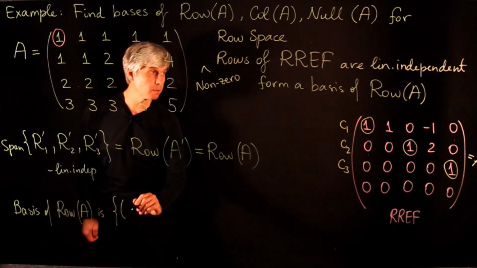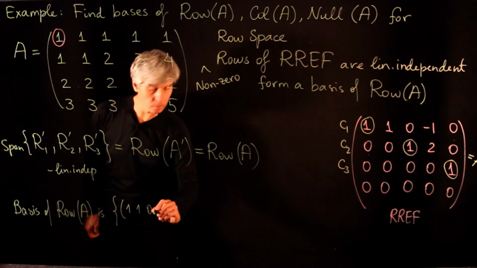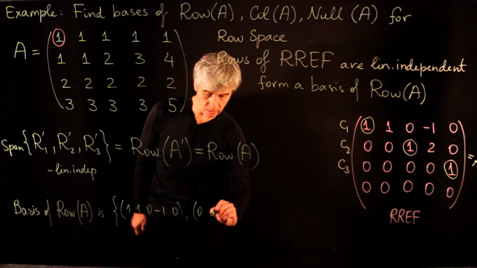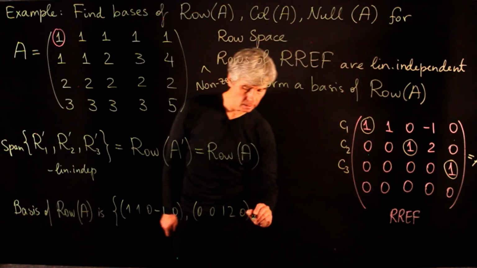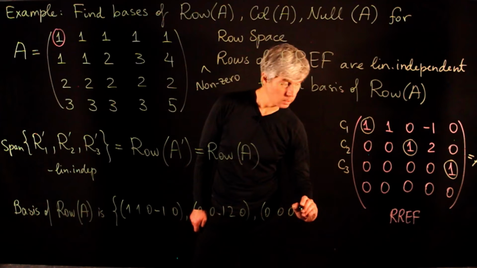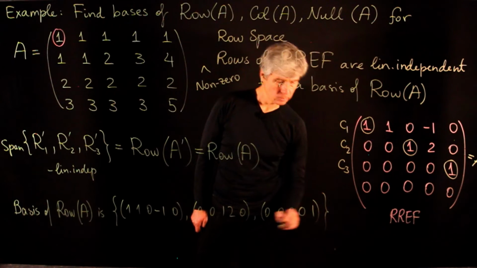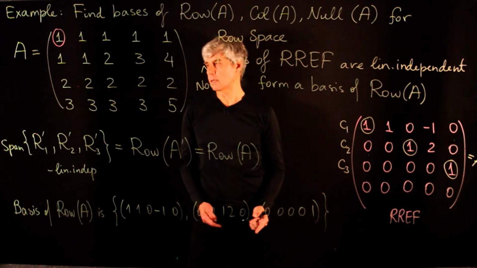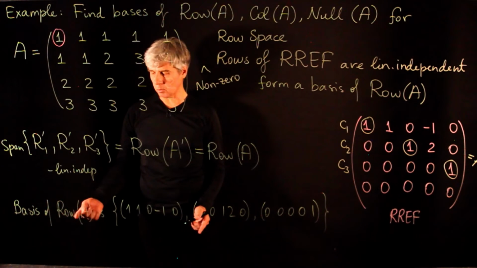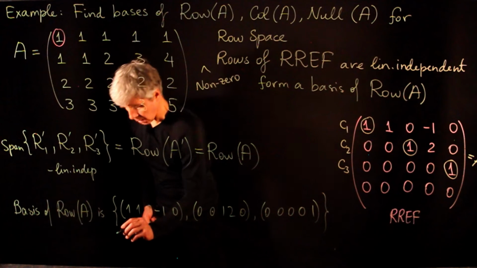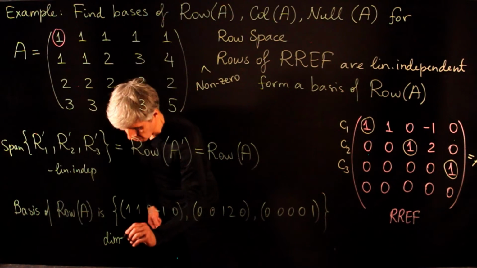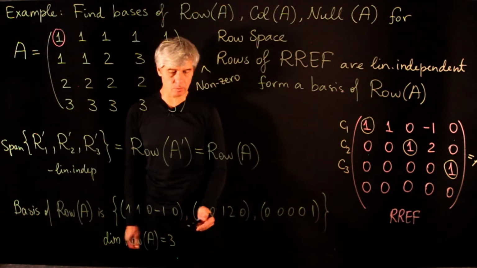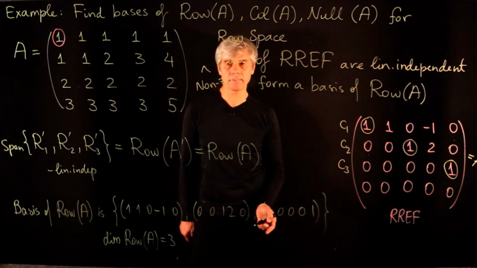Because these are rows, I'll write them as rows. 1, 1, 0, minus 1, 0. Then 0, 0, 1, 2, 0. And 0, 0, 0, 0, 1. This set of three vectors in R5 is a basis of the row space of A. And so the conclusion is that the dimension of the row space of A is equal to 3, because we have three vectors in its basis.